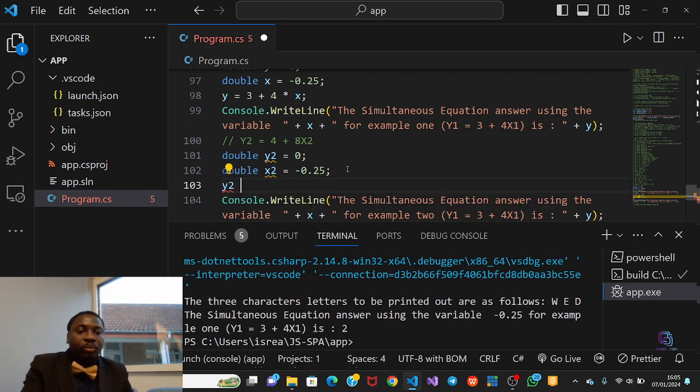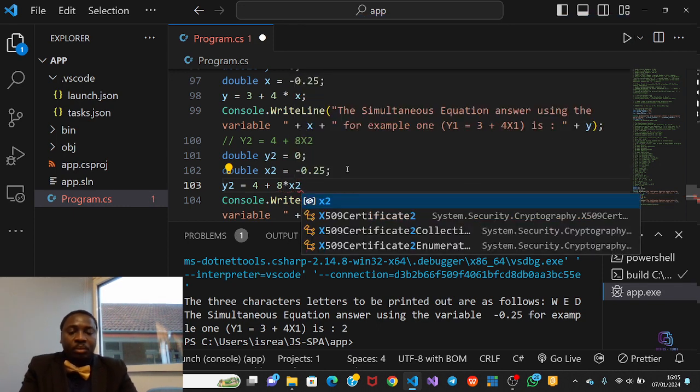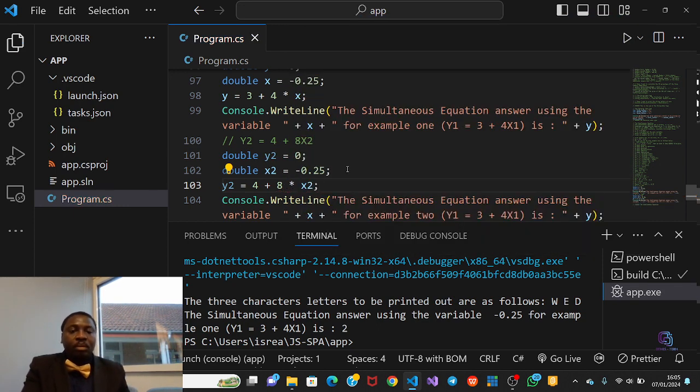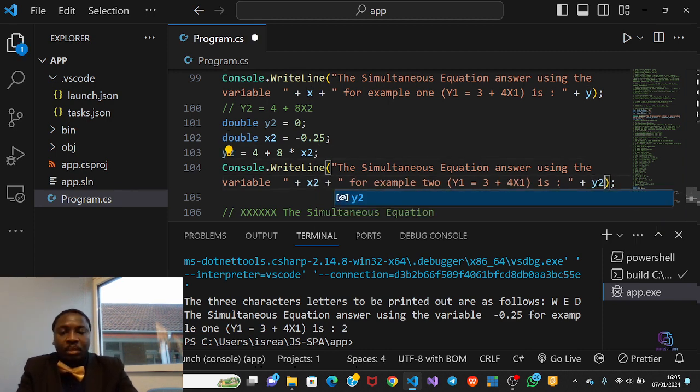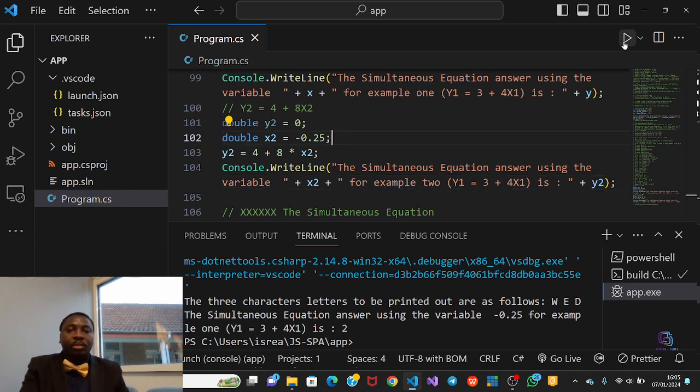I can say y2 is equal to 4 plus 8 times x2. So I'm going to put x2 here, then I'm going to put y2 here. So I'm going to run the equation.